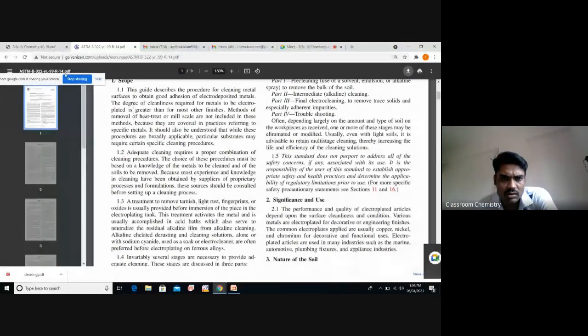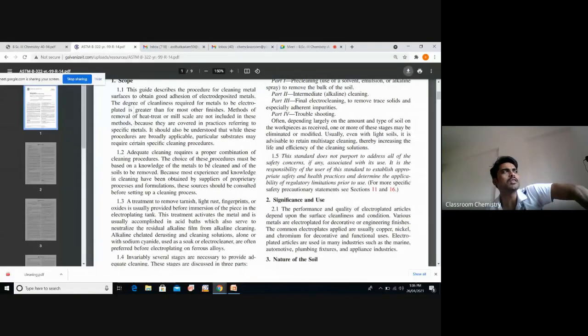See here again, they say the choice of this procedure must be based on the knowledge of the metal to be cleaned. आता जर आपल्याला जर कॉपर क्लीन करायचं आहे आणि मी जर त्याला जर क्लीन करायला जर सोडियम क्लोराईडचं जर सोल्युशन घेतलं, मला काही माहित नाहीये कुठला एलिमेंट कशाने क्लीन केला पाहिजे. जर मी कॉपर सल्फेट कॉपरचा कॅथोड आहे, त्याला मी क्लीन करायला जर सोडियम घेतला, तर there is a formation of a new complex, or some metal complex like bonding between the sodium and copper, and we give a new alloy or mixture of elements.